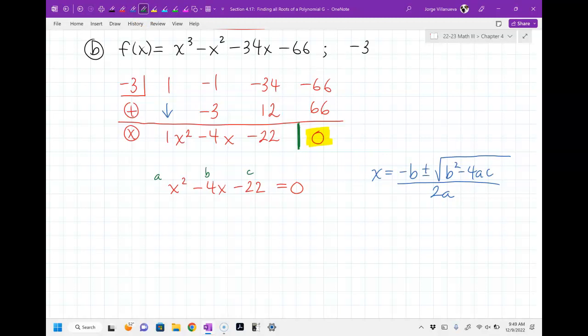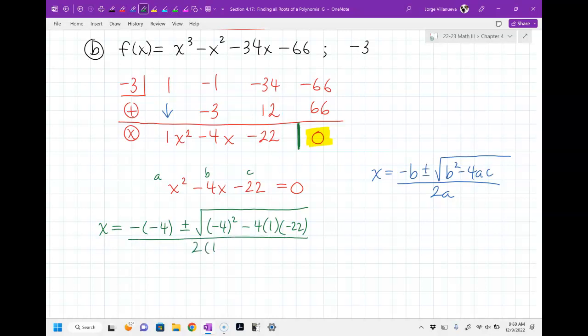So let me go ahead and plug in the information that I have. So x is equal to negative of b, which is negative 4, plus or minus the square root of b squared, that's negative 4 squared, minus 4 times a times c, which is negative 22, divided by 2 times a, which would be 2 times 1.